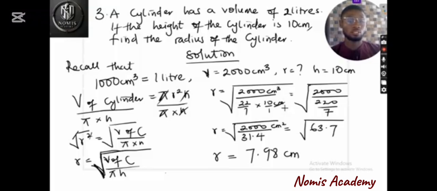So here we have centimeter squared. Because the square root cancels the square, the square root of centimeter squared will be centimeter. Therefore, the radius is equal to 7.98 centimeter. And that's the final answer to that question.